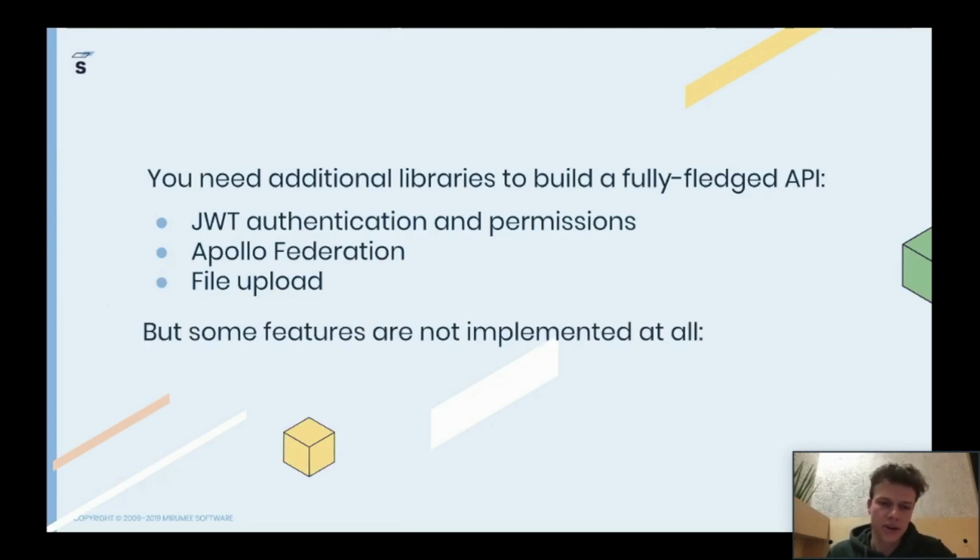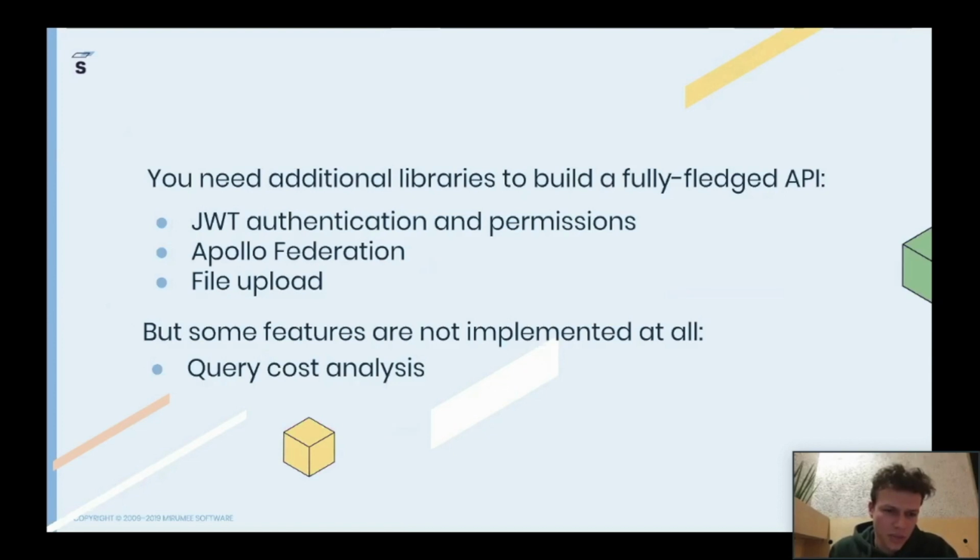Some features are actually not implemented at all. For example, query cost analysis, which is available in Apollo Server, is not available yet in Graphene. There are some open issues about that, and I'm not sure what the state of those issues is, and that would be pretty useful in our case because you can use our API in a headless solution.